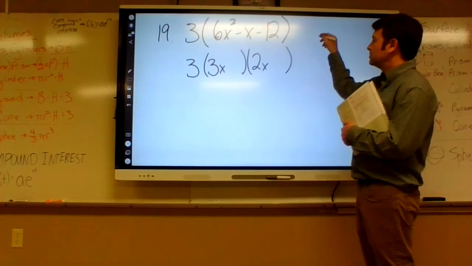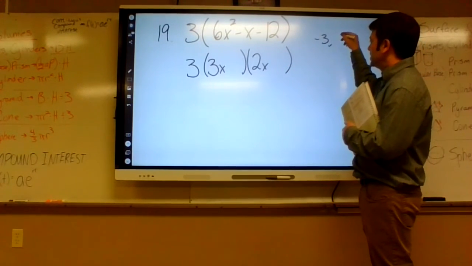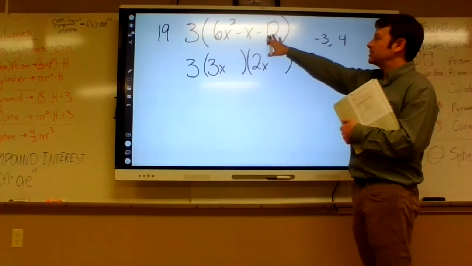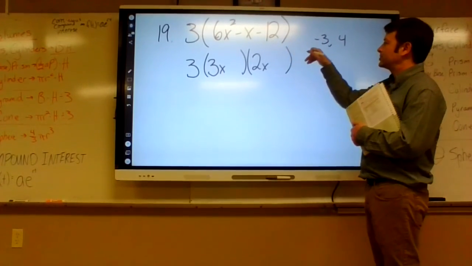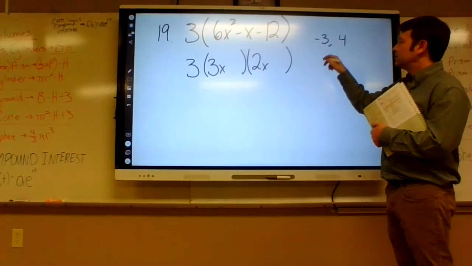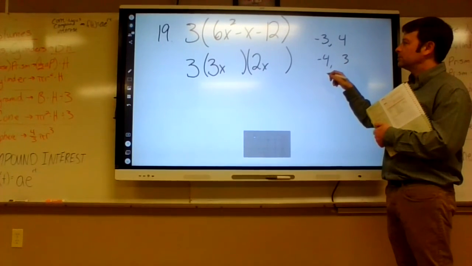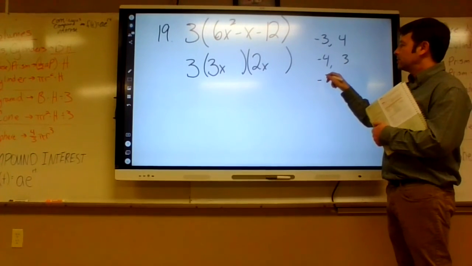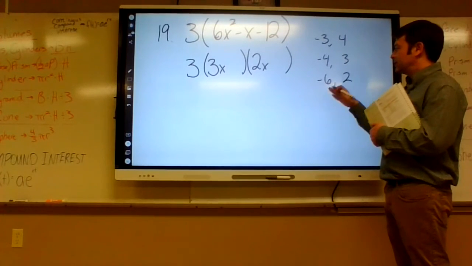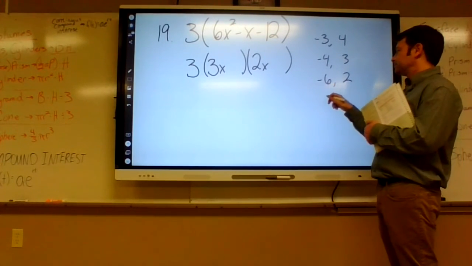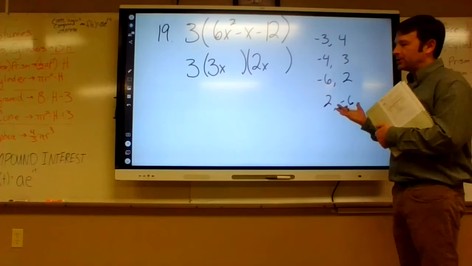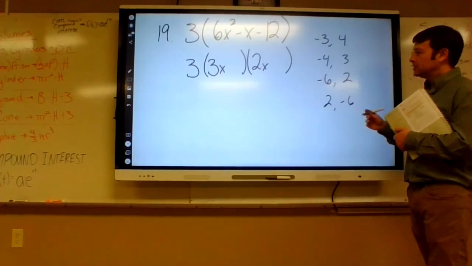This is what goes into negative 12: negative 3 and 4, negative 4 and 3, negative 6 and 2, 2 and negative 6. Or it could be 1 and negative 12. Probably not.